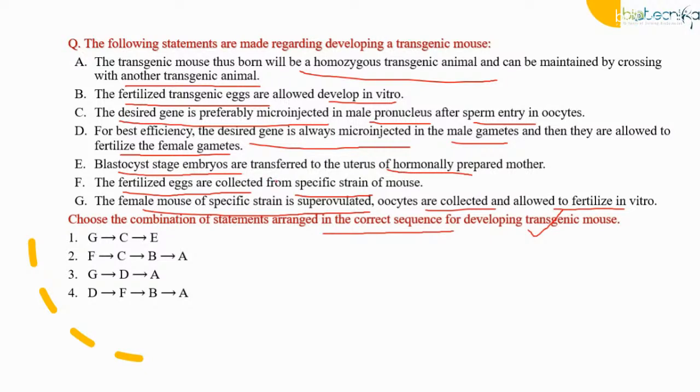Actually, if you ask me for a clue, we have three methodologies to carry out this process. One is via the retroviral method, the second is via microinjection, and the third is by stem cell technology.